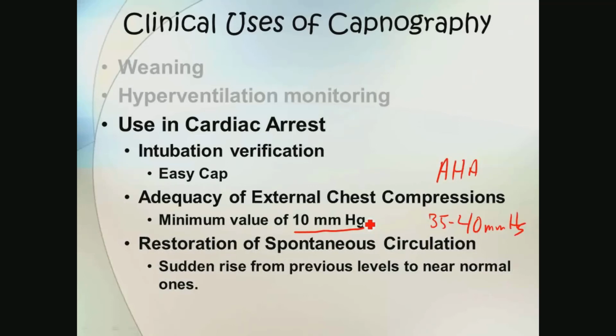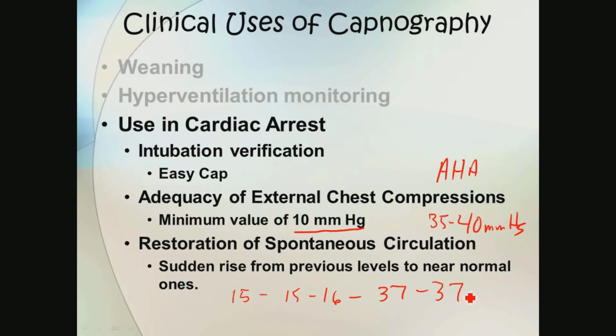And then lastly, there's the restoration of spontaneous circulation, where you're at 15, 16, 37. All of a sudden now, you have a restoration of a spontaneous pulse, and it's a way to evaluate, do we still need to continue CPR at that point in time?